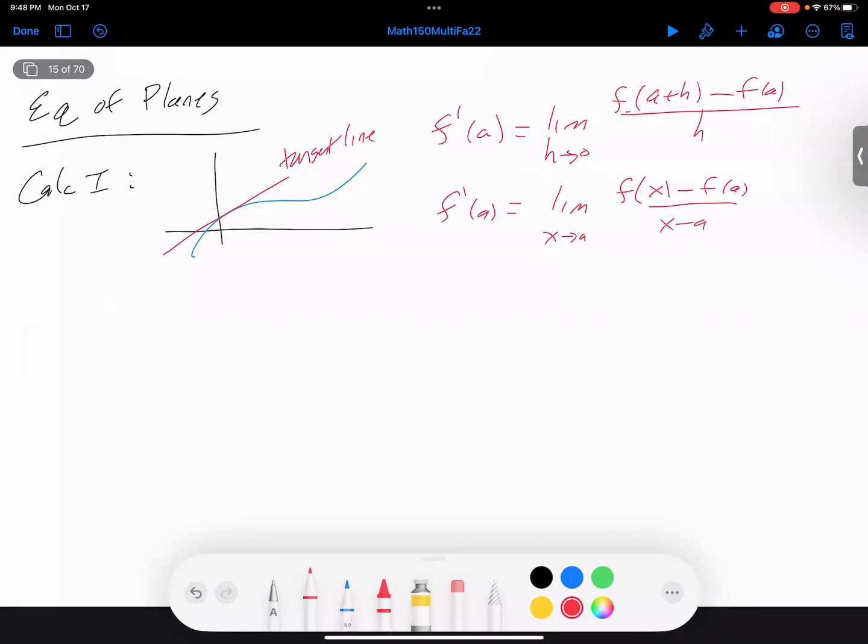And the more interesting one is the limit as h goes to 0 of f of x minus f of a minus f prime of a times h, over h, equals 0.